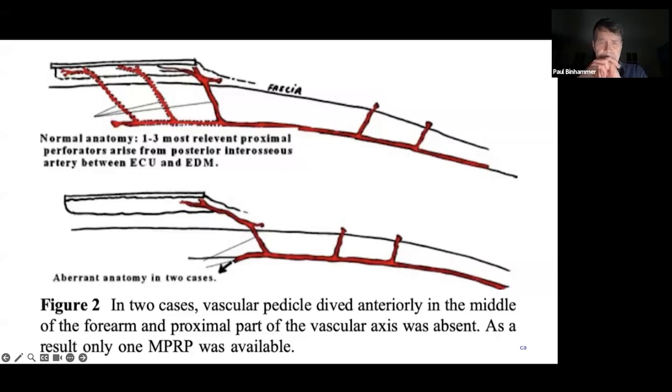I'd say there's one other technical thing they mentioned about reach. And one thing you can do, and this is published somewhere else, it's not my idea, this sort of goes to tunneling, but you can also exteriorize the pedicle on this flap, which can help you reach it further if you're in a tight spot.